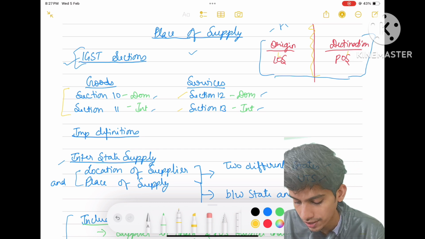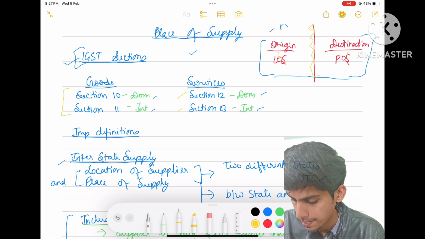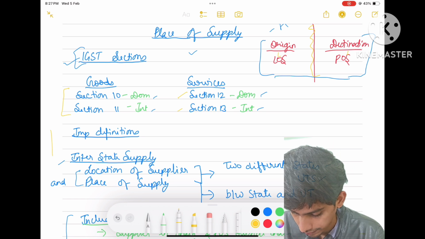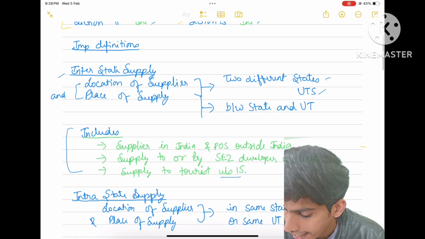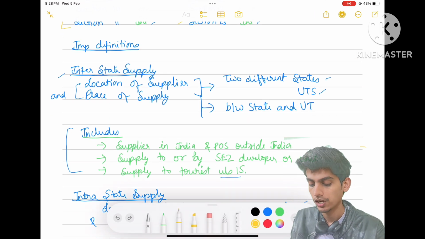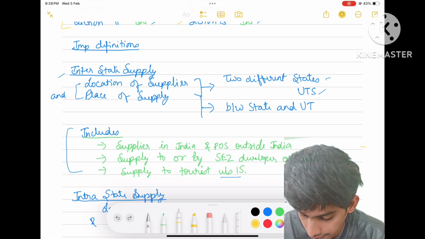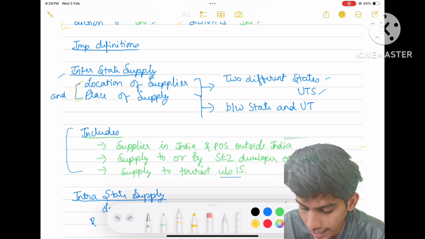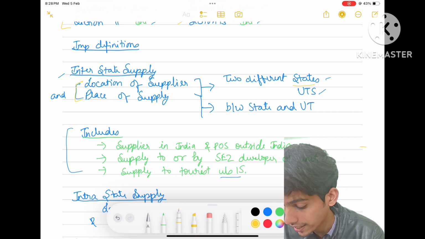Before we go to the provisions of this chapter, first let us discuss the important definitions for this chapter. Our first definition is interstate supply. Interstate supply is when location of supplier and place of supply are in two different states, or in two different UTs, or between one state and one UT.